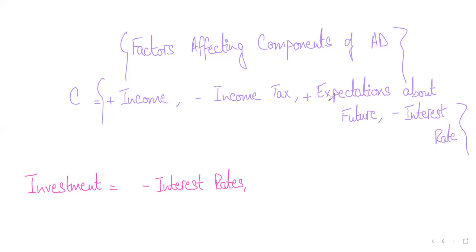Then again, in this case, expectations about the future, or expectations about the economy, are important. Students, now think about this. As I was giving you this example, COVID has disrupted normal lifestyle, people don't know when this will end and so on and so forth. After every few months there's a new wave, people start dying, the government has to spend so much money on vaccination, monitoring, and so on. Businesses are not working as they used to.